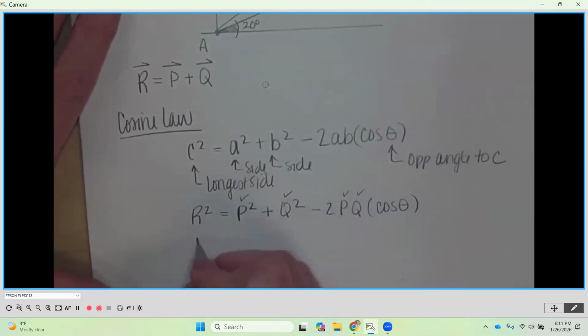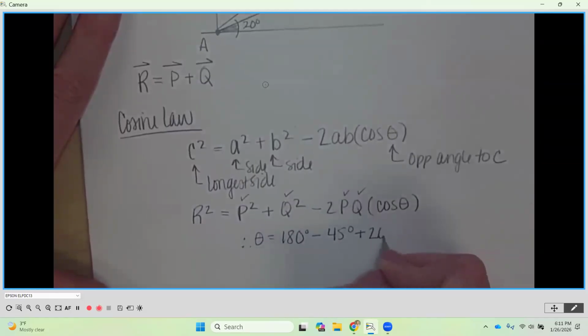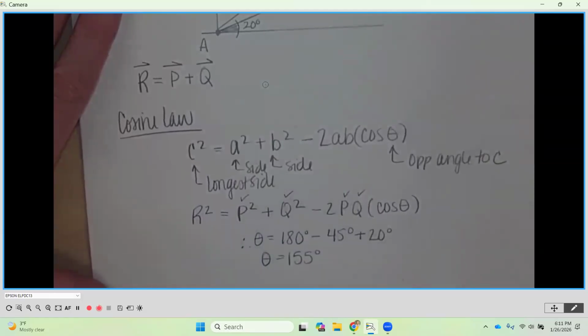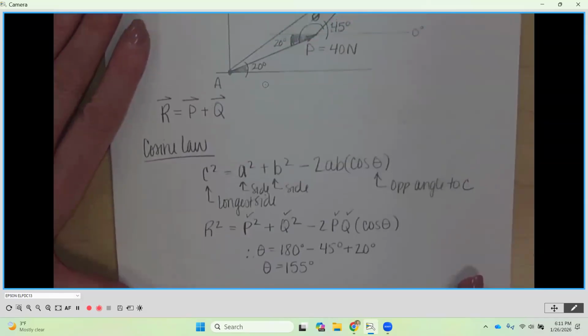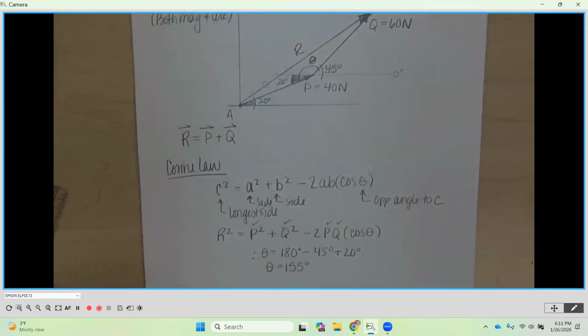So my theta, I'm going to put where theta is equal to 180 degrees minus 45 degrees plus 20 degrees. And my theta then is going to be 155 degrees. Does everybody see how that kind of comes out with the angles that we have up there? Does that make sense to everybody? Okay. That's where straight edges will help.